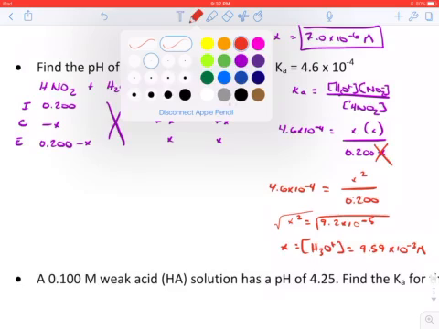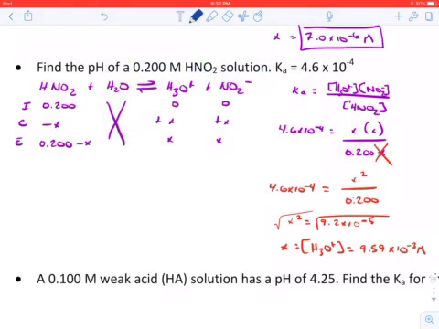Now, unfortunately, we're not done. We are just at our hydronium ion concentration, so we have to take it a step further. We're going to go from our hydronium ion concentration to our pH. pH is the negative log of our hydronium ion concentration. So we're just going to take the negative log of 9.59 times 10 to the negative third.